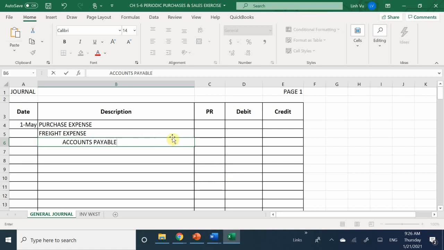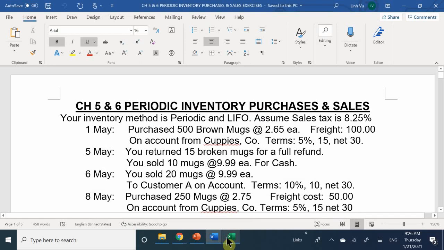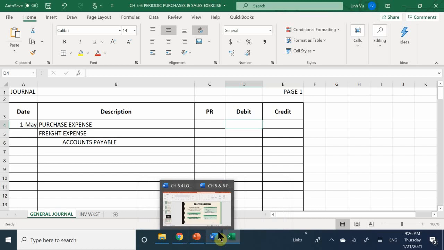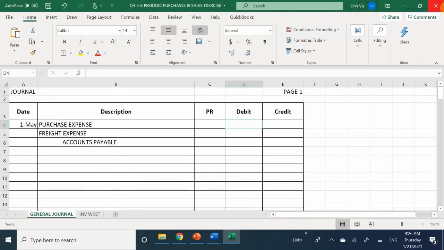So if I purchased a total of 500 brown mugs at $2.65 each, and my freight was $100, what am I going to be determining for my purchase expense, my freight expense, and my total amount? Okay, hold on. Let me look at that again. I purchased a total of 500 brown mugs at $2.65 each.